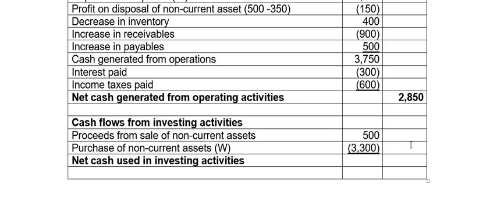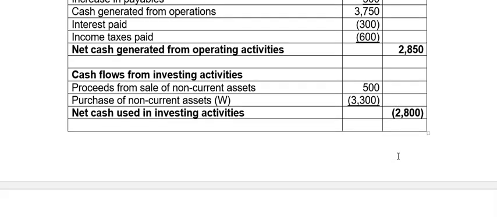So you add and you finally come up with the net cash used in investing activities, and that is 2,800 net cash used, because the figure we have is positive 500 plus negative 3,300. We end up having a negative 2,800, so that is net cash used in investing activities.